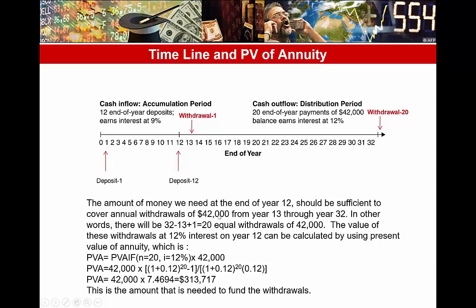So in this case, there are 20 equal withdrawals of $42,000, and during this period, the balance that remains in the account is going to earn 12% interest. So we could solve the amount that is needed at the end of the 12th year by just considering the present value of these 20 withdrawals as of end of year 12.